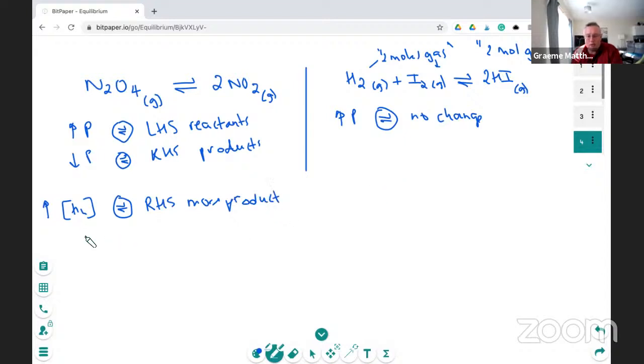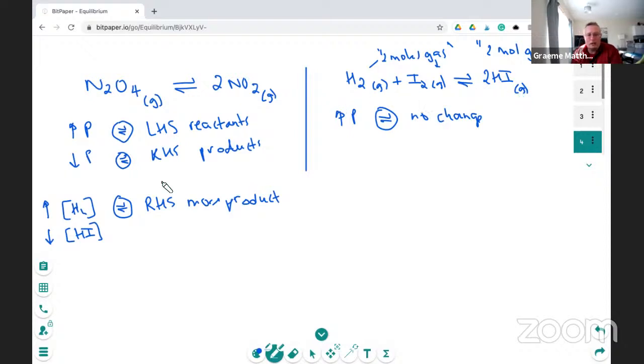The other one could be if you take away, let's say, hydrogen iodide. You think of the top one with hydrogen: it moves away from the side you add to. If you increase the concentration of hydrogen, the equilibrium position moves over to the right-hand side.